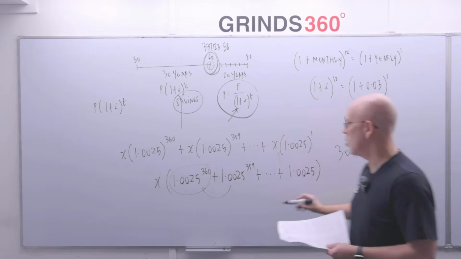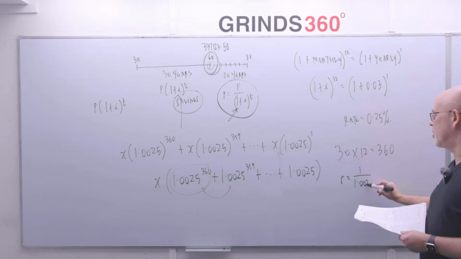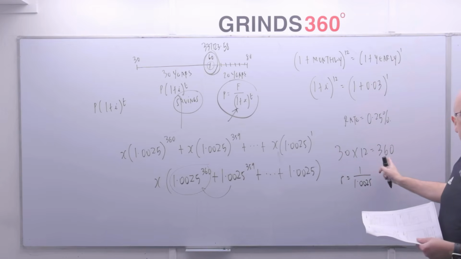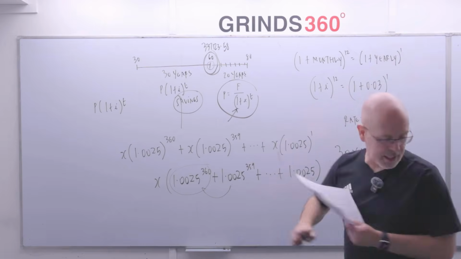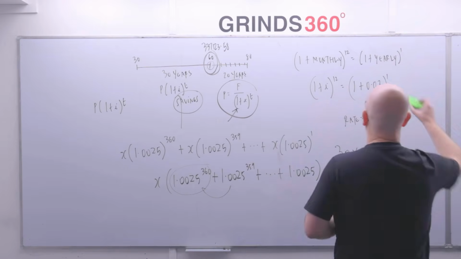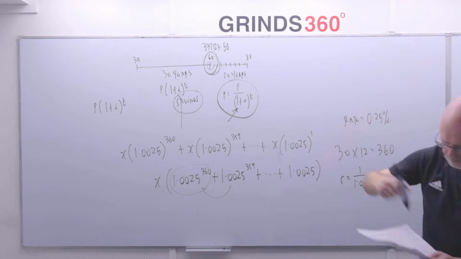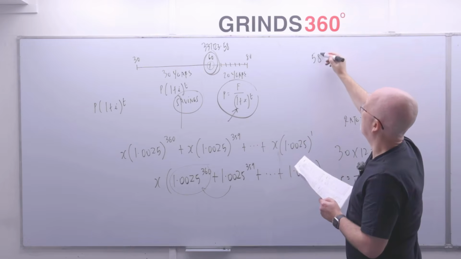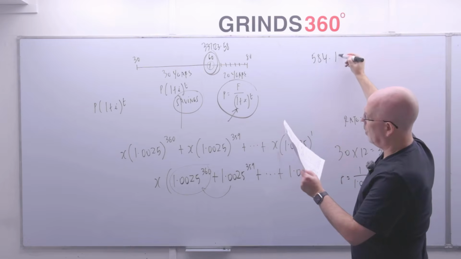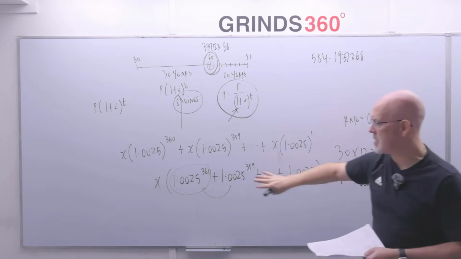Divide that by that to find r, and r for me just ends up being 1 over 1.0025. n is 360. Have you put those numbers into your calculator? The value I got when I added up those 360 numbers was 584.1937268. So that's what the list of numbers in here adds up to.